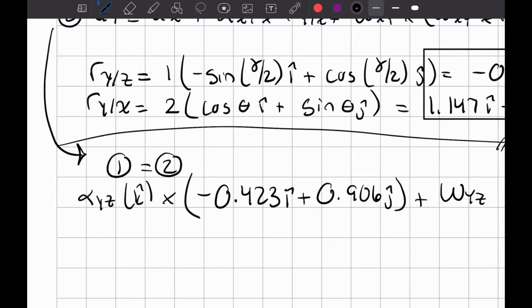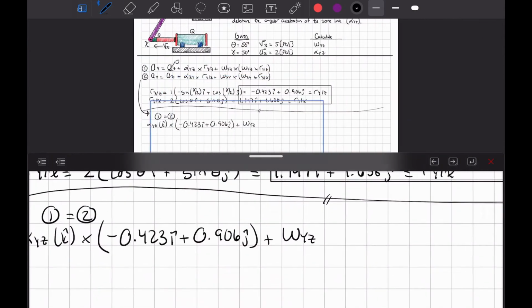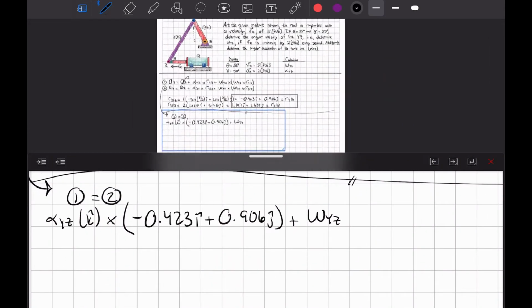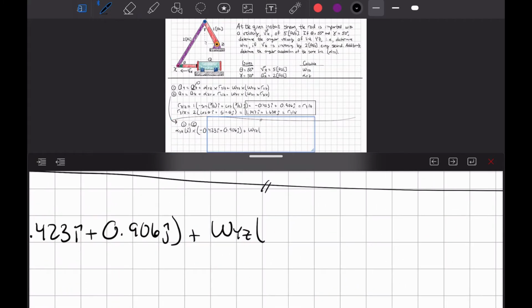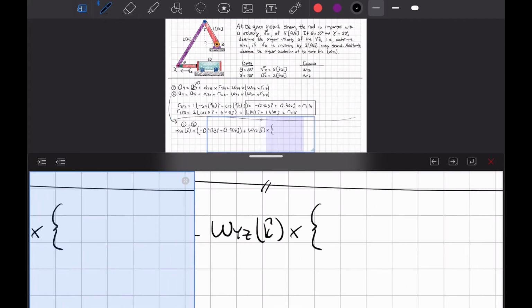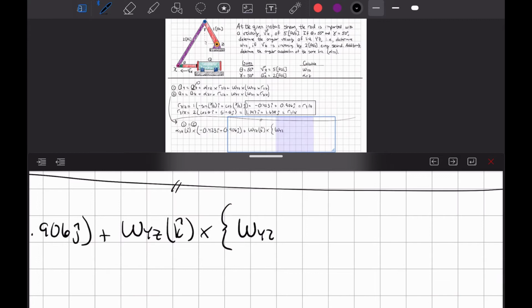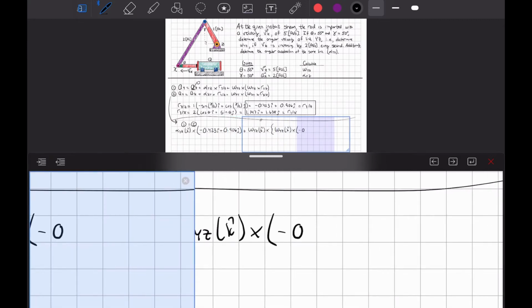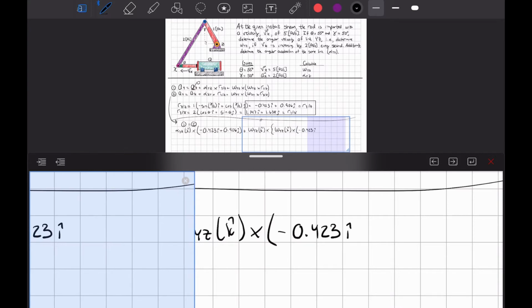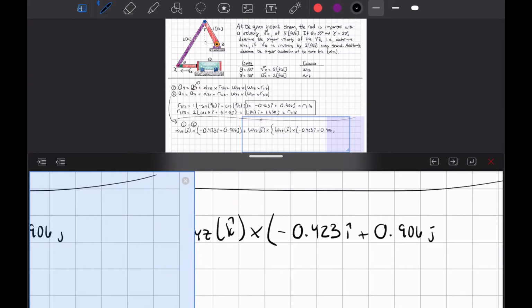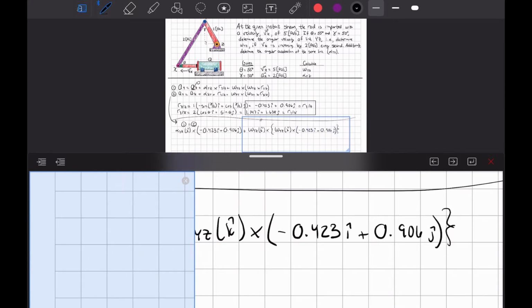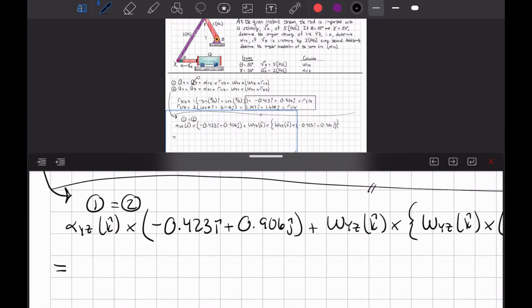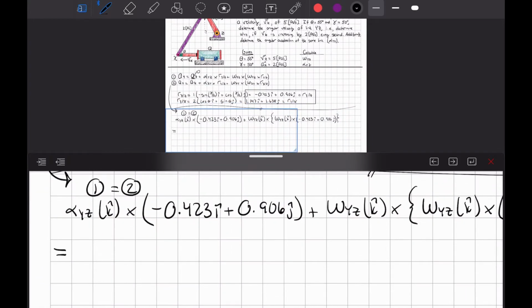And what I'm doing here is, because we are looking to perform a cross product, we need to have some kind of direction assigned to the angular acceleration and the angular velocity. Now we don't know what these are going to be, but because these are plane motion problems, taking place in the xy plane, we know that this rotation has to be pointing in the other unit vector direction.